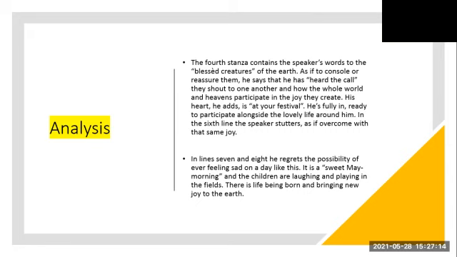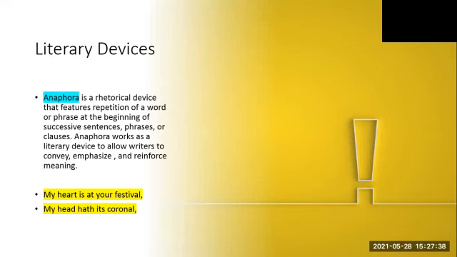And in lines 7 and 8, he regrets the possibility of ever feeling sad on such a beautiful day like this, sweet May morning, and the children are laughing and playing in the fields. There is life being born and bringing new joy to the earth.